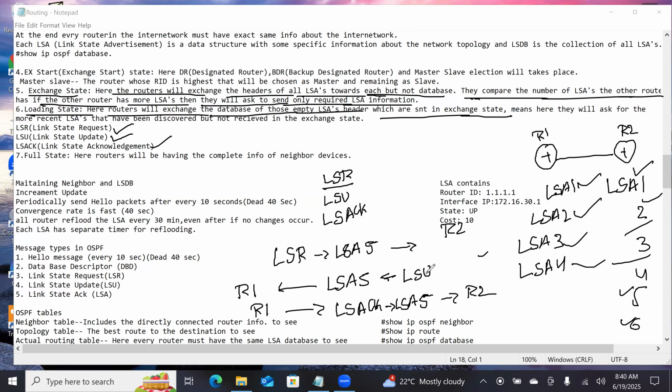Okay, so the same messages will be exchanged for every missing LSA. So it will exchange the same 3 messages for LSA 6 also. Understood? So this is what happens in the loading state. Actually, it is loading the missing database into router 1. Is it clear?